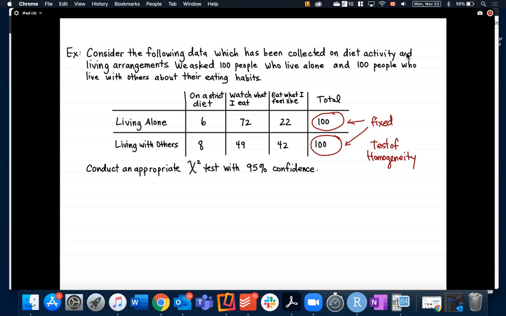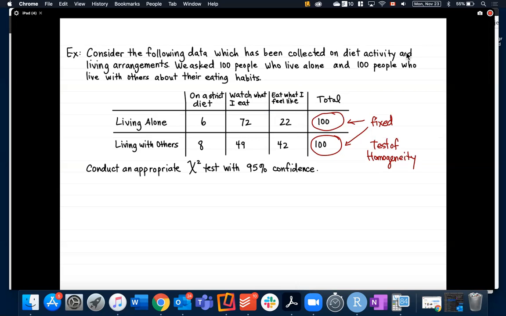So we're going to look at the proportion that fall on a strict diet, the proportion that watch what they eat, and the proportion who eat whatever they feel like. We're going to look at the proportion that falls within each of those groups, or the distribution across the different eating or diet habits between living alone and living with others.